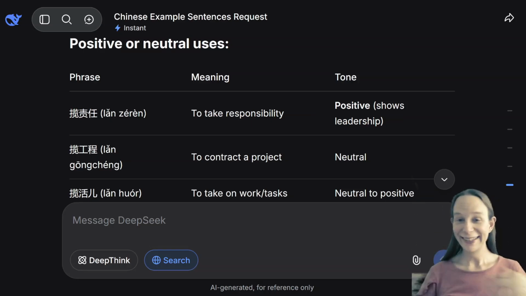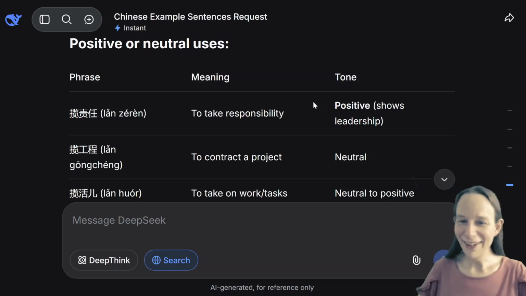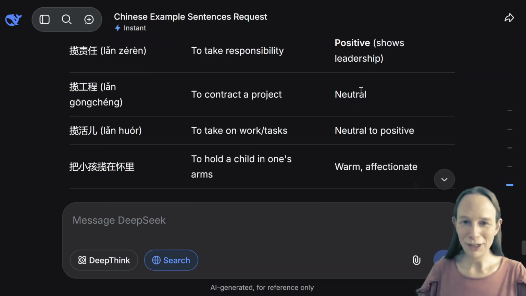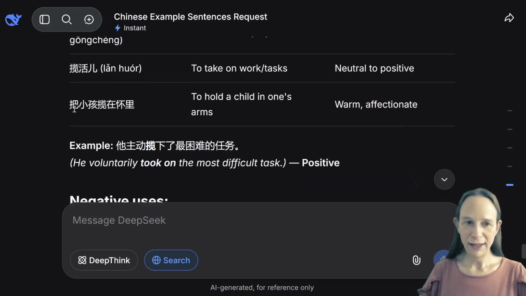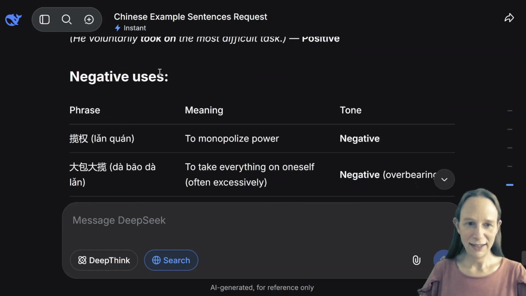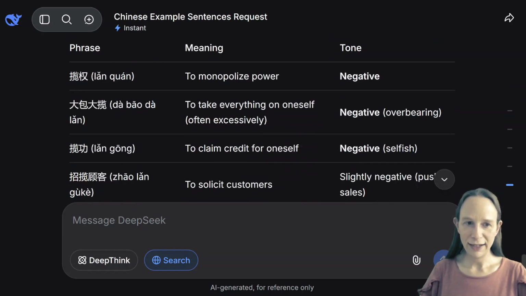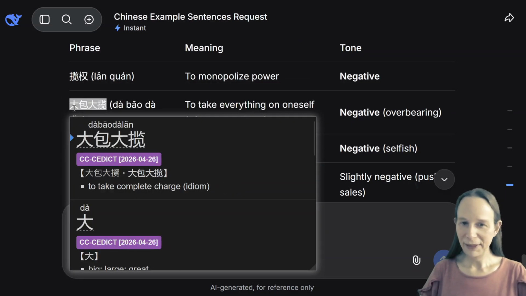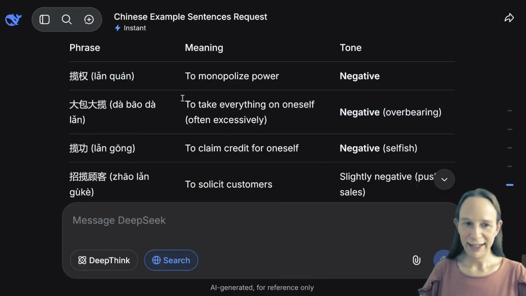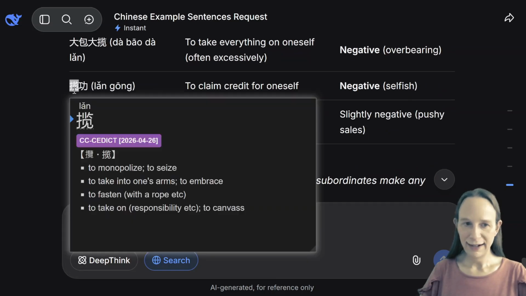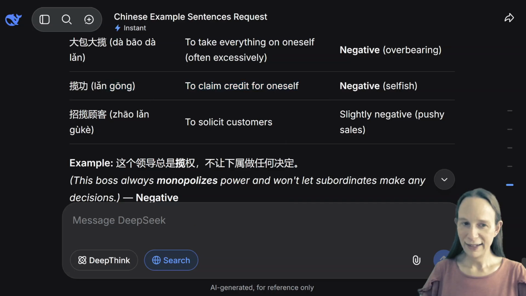I'm not going to let you down. 蓝工程, to contract a project. 蓝活, neutral to positive, but 小孩揽在怀里, warm, affectionate. Negative usages, 揽权, monopolize power. 大包大揽, take complete charge, overbearing. 揽工, all right.